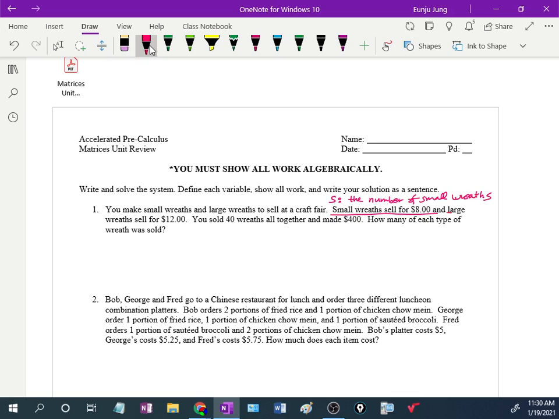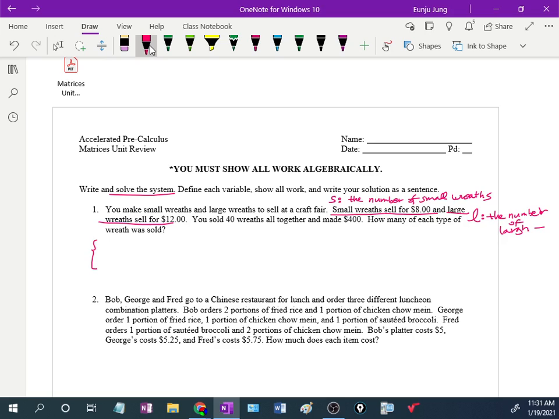And the number of large wreaths goes as L, and I'd like to use a cursive L to avoid confusion with the number 1. So this is the number of large wreaths. Let's set up equations, and we should have 2 equations, because we have 2 variables.